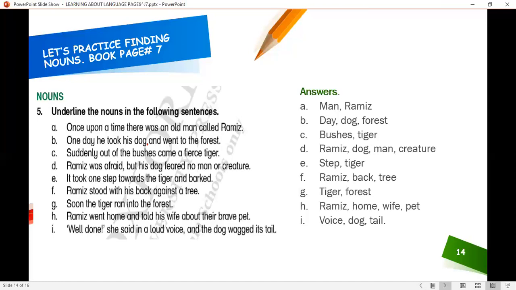In this sentence, voice, dog, and tail are nouns. Was it easy for you to find nouns? Good.